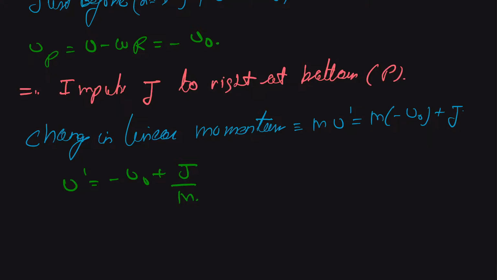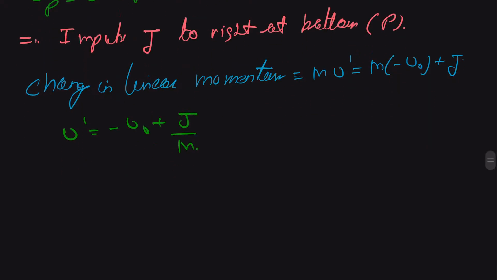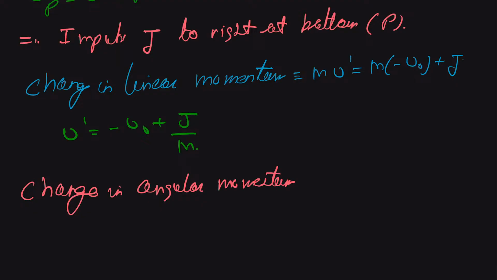And we can find out the change in angular momentum, and that change in angular momentum will be I omega prime equal to I multiplied by 0 minus r times j, which is basically the torque impulse, minus rj.